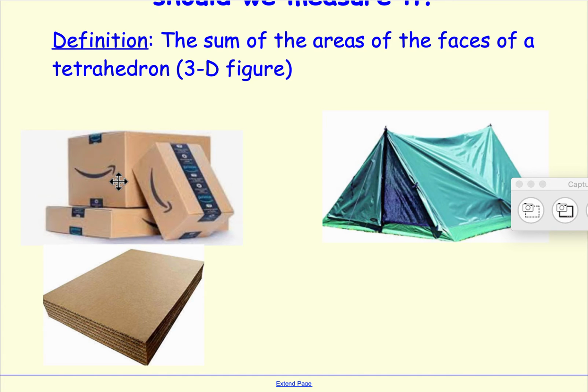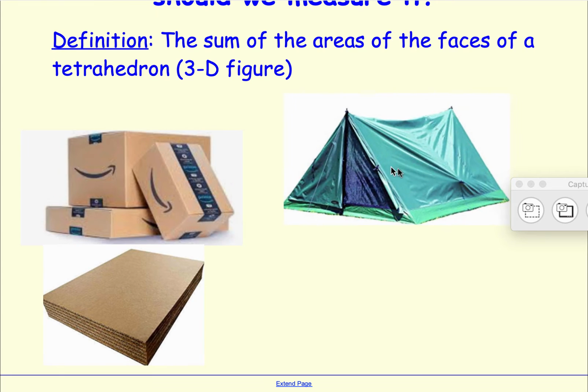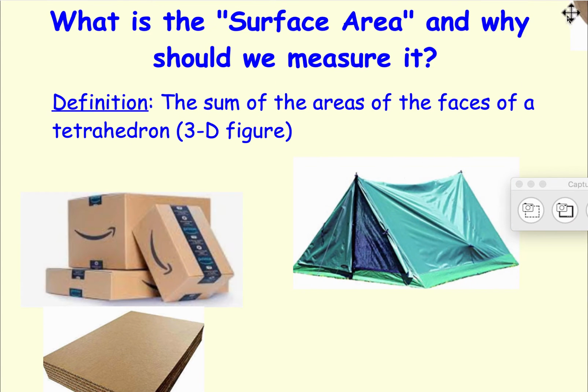That's volume. So the people at Amazon have to worry about two measurements. They've got to figure out how much surface area, or how much cardboard, they need to create a box, based on the sizes of the boxes that they need to fit a specific volume of materials.